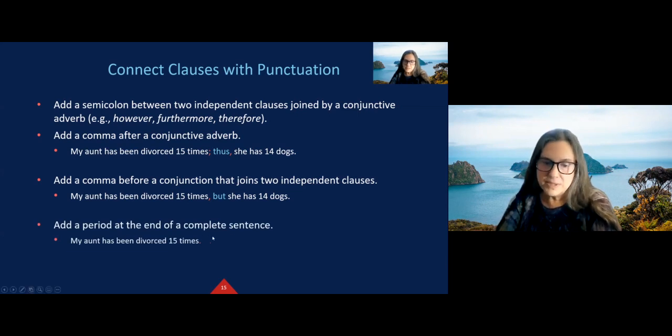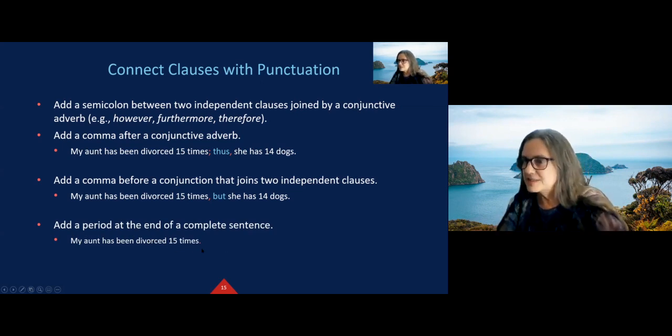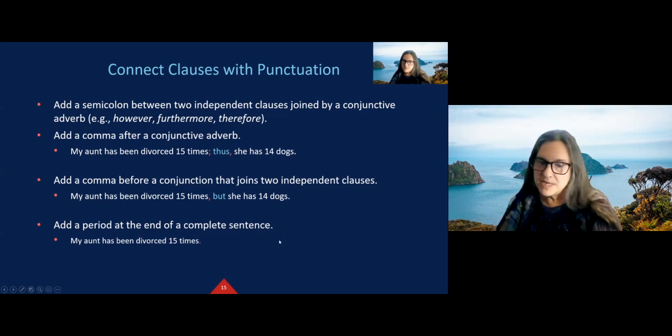And then a complete sentence, you can put a period at the end of. But if you have a whole bunch of complete sentences with periods, it starts to sound choppy again. My aunt has been divorced 15 times. Boom, done. But if you then followed it with, she has 14 dogs. Boom, done. Both of those sentences are grammatically complete, but they're not pretty.